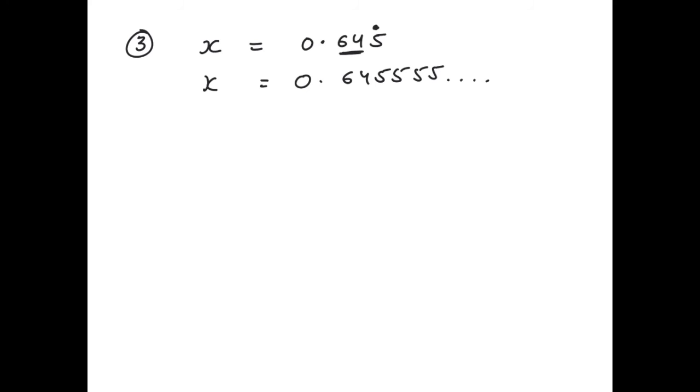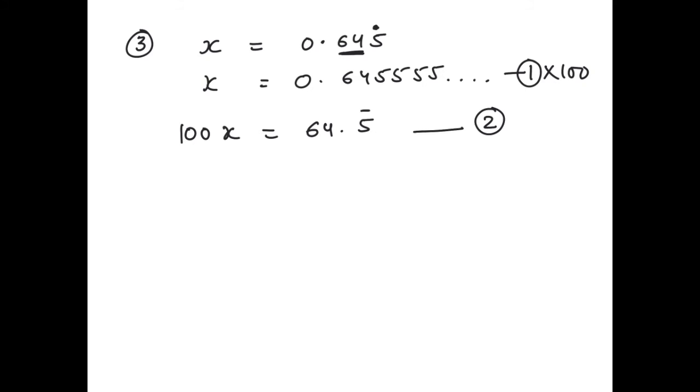The numbers which don't have the bar, we need to bring them before the decimal first. There are two, so we multiply this equation by 100 to bring them before the decimal. So it's 64.5 bar.